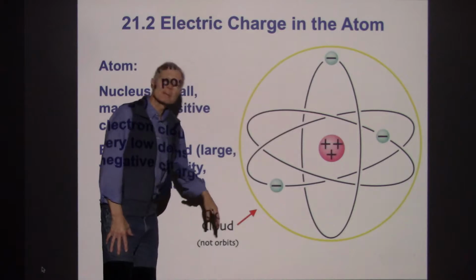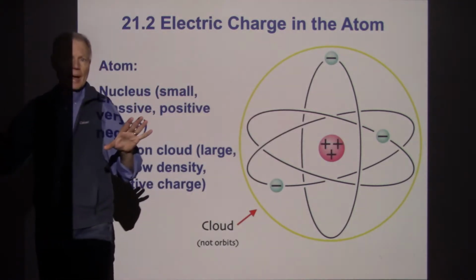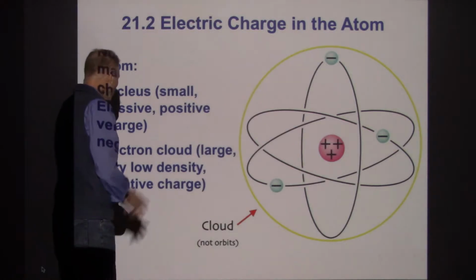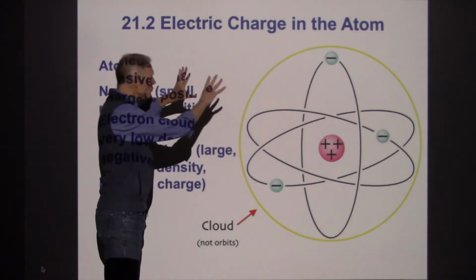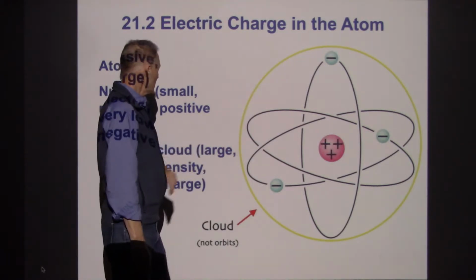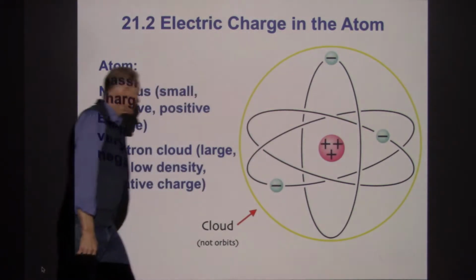They're going to be probability distributions filling that region. So it's the negative charge of the electron that's spread out in that region, and we can think of the electrons as filling up most of the space in materials. So not orbits. Don't look at that picture the way it's drawn. Think of it in terms of a probability distribution.